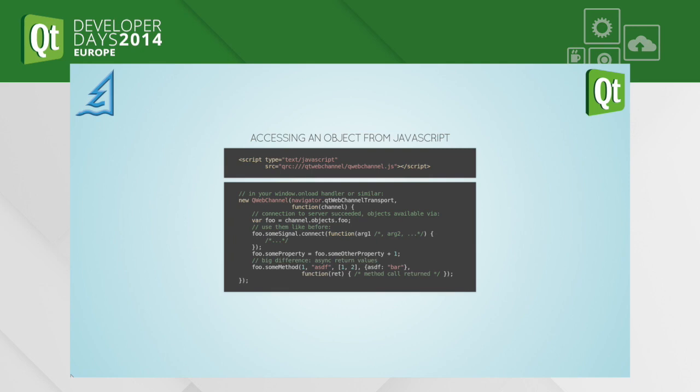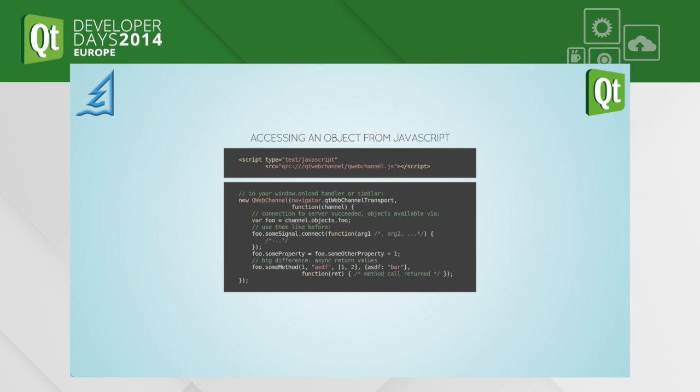In this case, for efficiency reasons, you can use the navigator.qtWebChannelTransport. This will work in any WebKit client running, and it's extremely efficient, much better than WebSocket usage for that, and it will only talk to the QML web view on the other side, so it's also more secure in that sense.